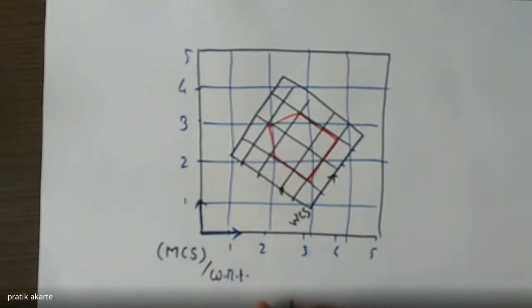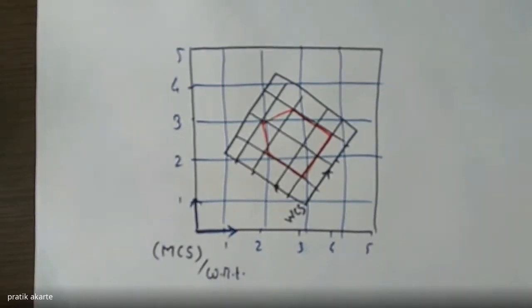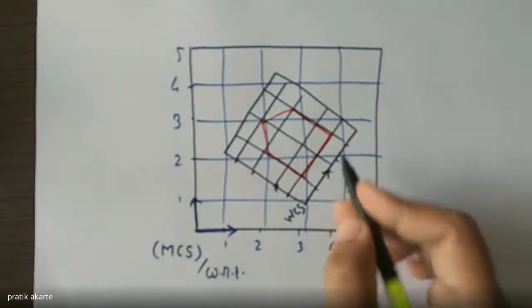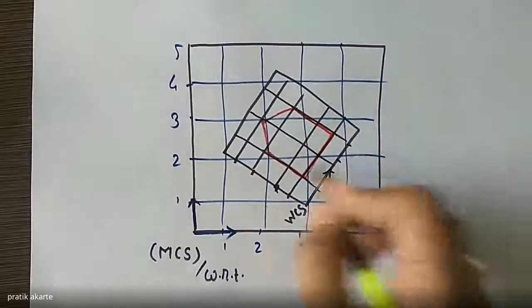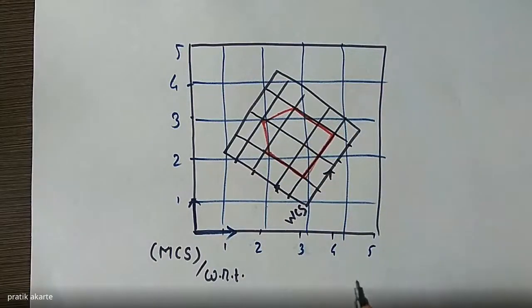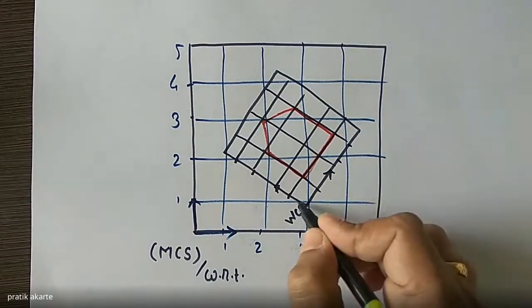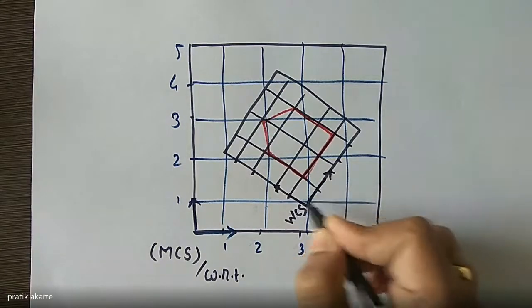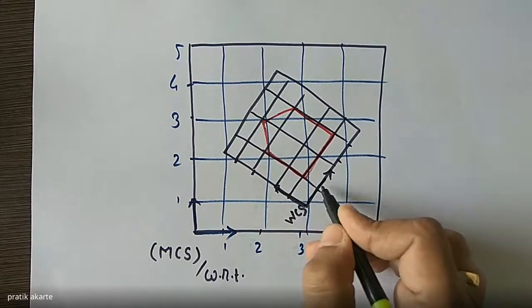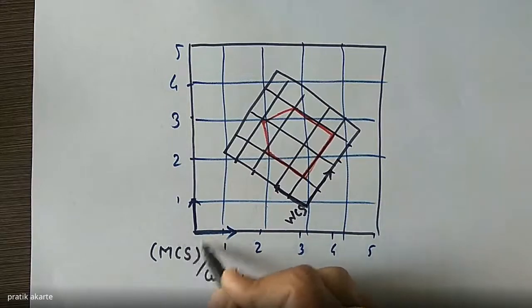Because of the complexity in the geometry, orientation or shape, the user will input using the other coordinate system. Although the user is inputting the data with respect to this coordinate system, the data is stored with respect to the model coordinate system.